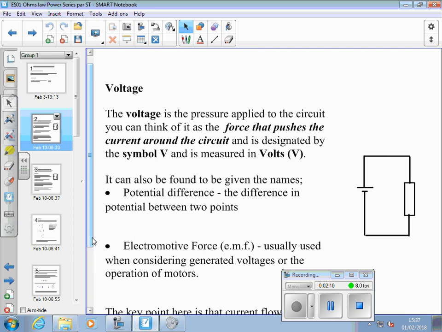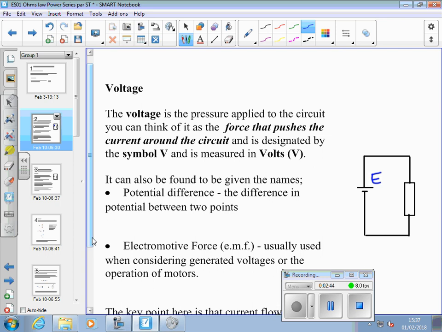It pushes the current around the circuit, designated by the symbol V, and measured in the units volts, symbol V. Now, technically, in a circuit, we would normally use the symbol E for a source, like a battery or a generator, after electromotive force, which is the proper technical term for the pressure.